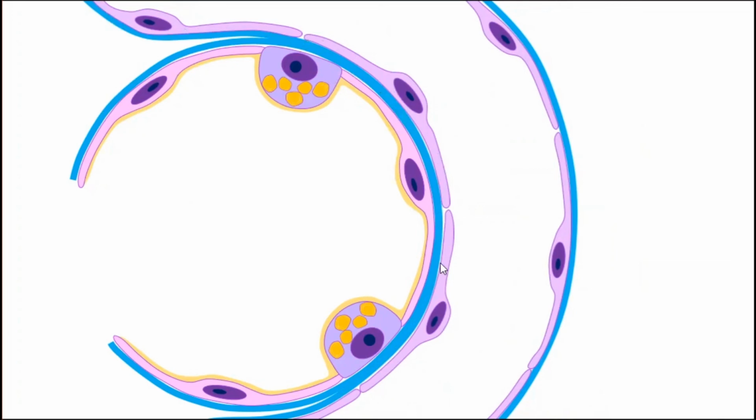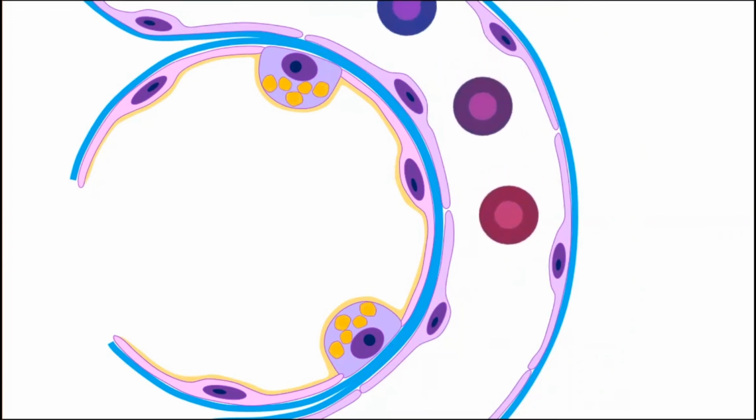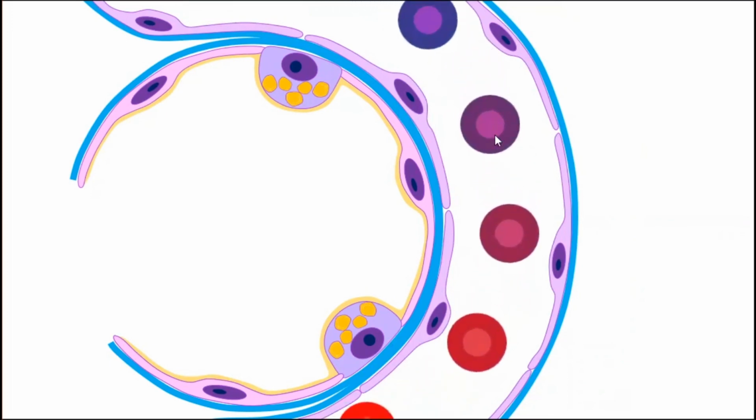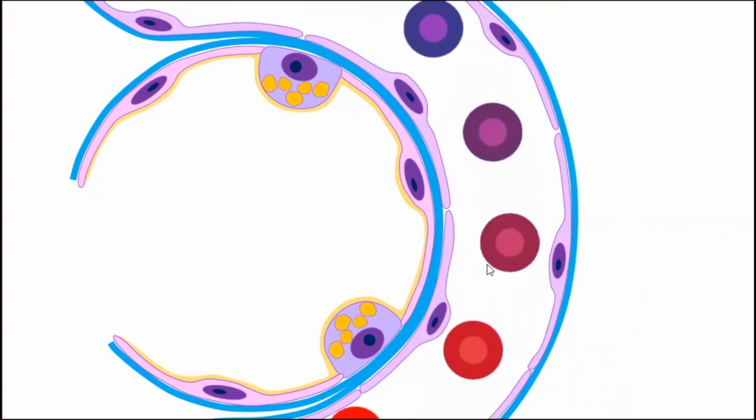This basement membrane reduces the thickness of the blood-air barrier, which separates air in the alveolus and blood in the capillary. Blood comes here, and this blood is venous. It's carried to the lungs by the pulmonary artery. It's the small route of circulation, and here blood is saturated. It receives oxygen and releases carbon dioxide.